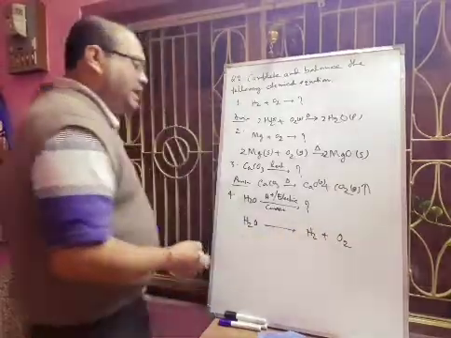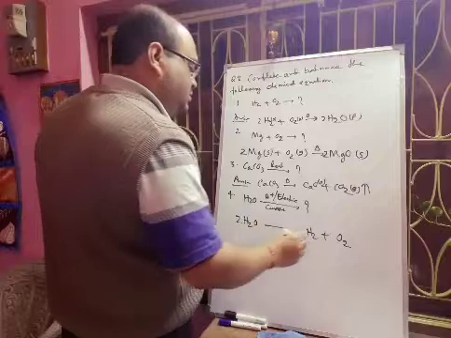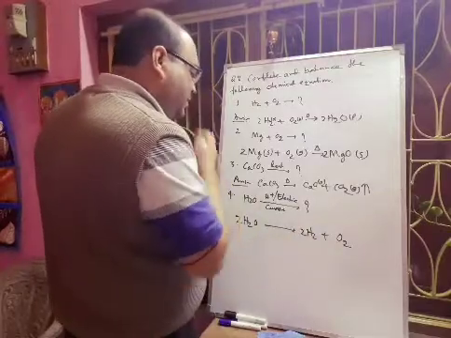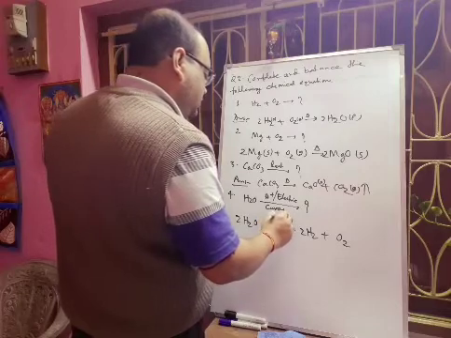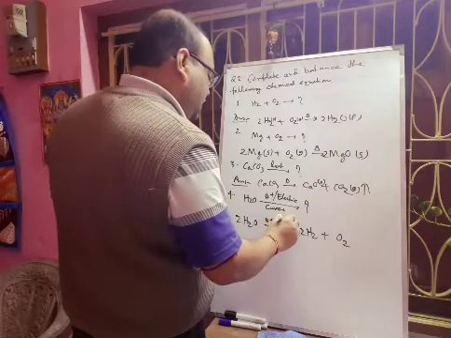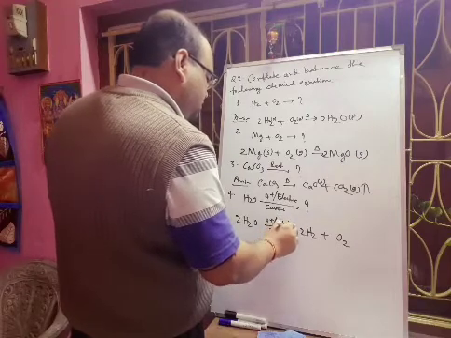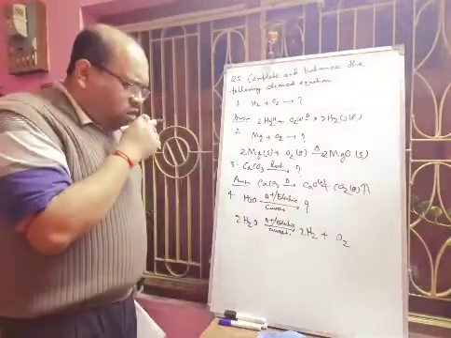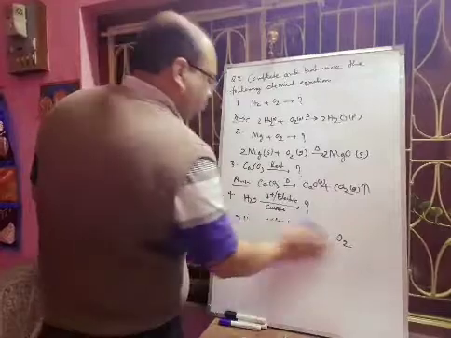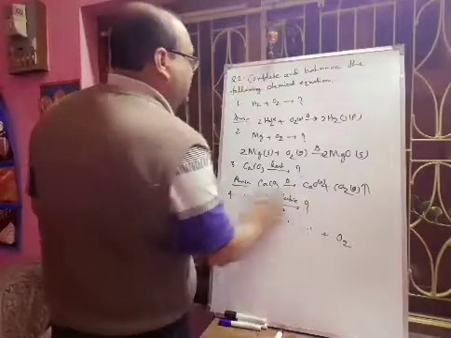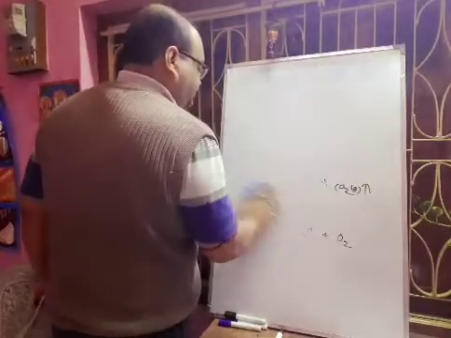Hydrogen gas will be formed at the cathode and oxygen gas at the anode. Okay, here you have to put 2 H2O, it's forming 2 H2 plus O2. Okay, and here you will write this thing also: electrolysis, electric current. So this is your correct answer. So in this way you have to practice this type of questions.